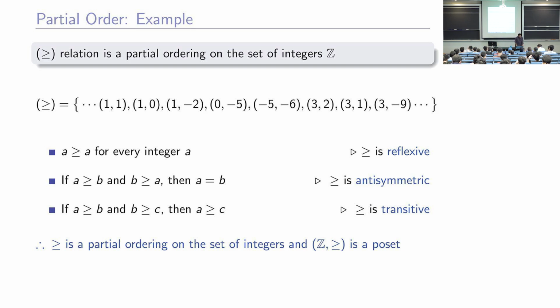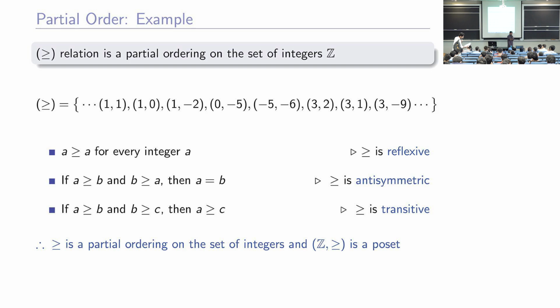It is an anti-symmetric relation. If A is greater than or equal to B and B is also greater than or equal to A, then the only possibility is that A should be the same as B. Right, we are talking about the same thing. So, it is an anti-symmetric relation and it is transitive, right.